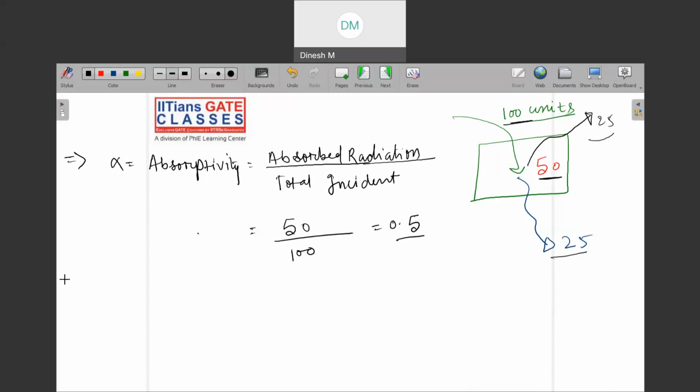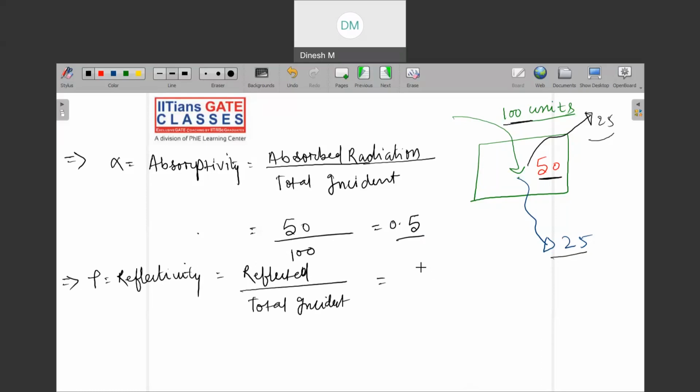So what is absorptivity now? 0.5. And then we have the second case, reflectivity, denoted by rho. This is the ratio of how much you have reflected divided by the total incident, right?